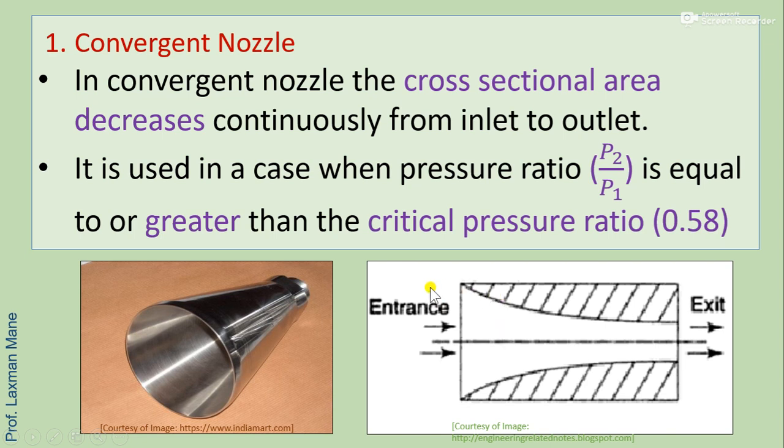This nozzle is used when the pressure ratio, that is P2 by P1, is equal to or greater than the critical pressure ratio, and the critical pressure ratio value is up to 0.58.